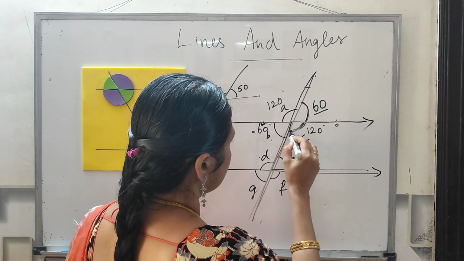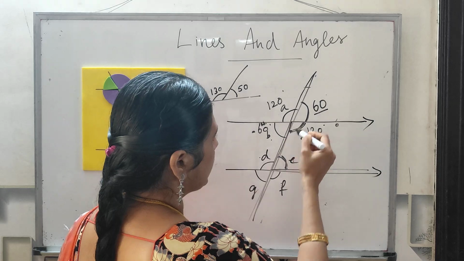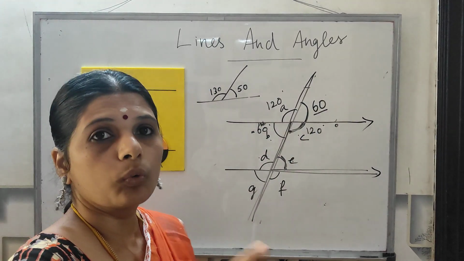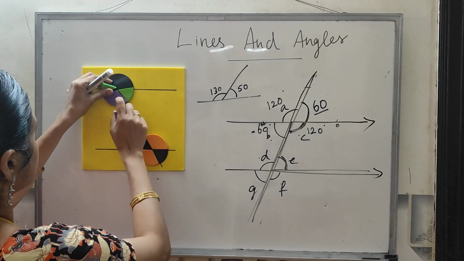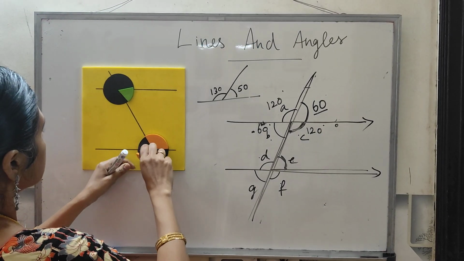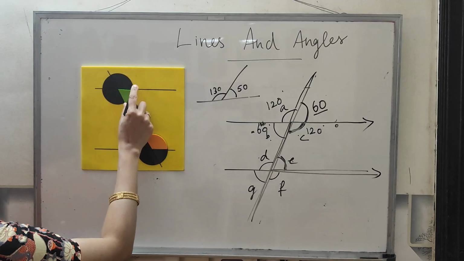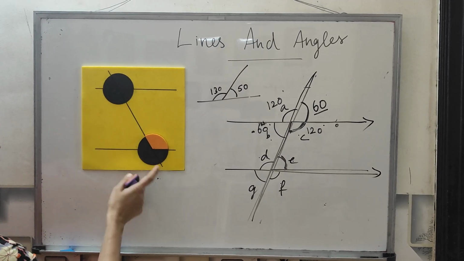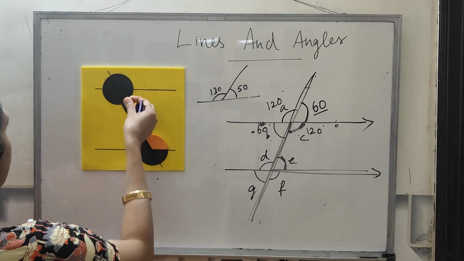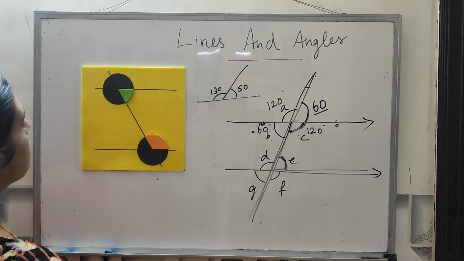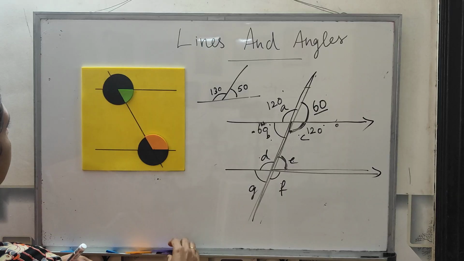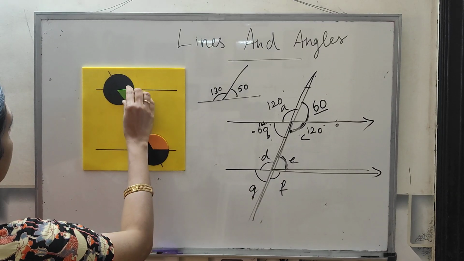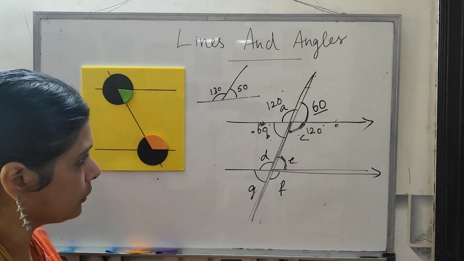So this angle and this angle together form 180 degree. See, I am representing it here. These two angles are 180 degree. This name we can call co-interior angles, or supplementary, 180 degree.